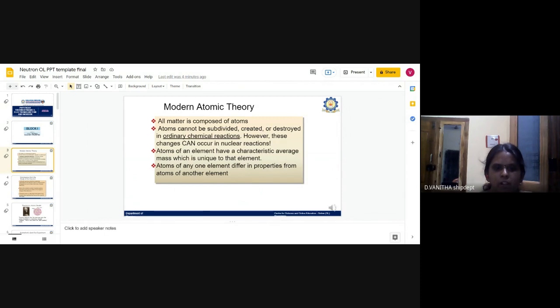Atoms of an element have a characteristic average mass which is unique to each element. Atoms of any one element differ in properties from atoms of another element, so each has different properties, and the atomic mass is unique for each element.